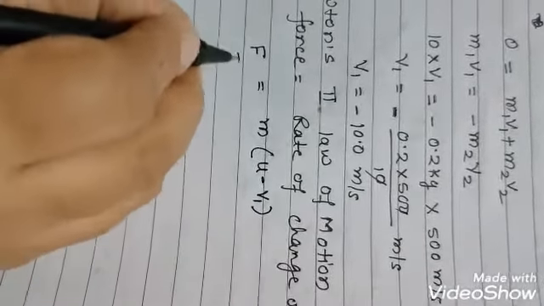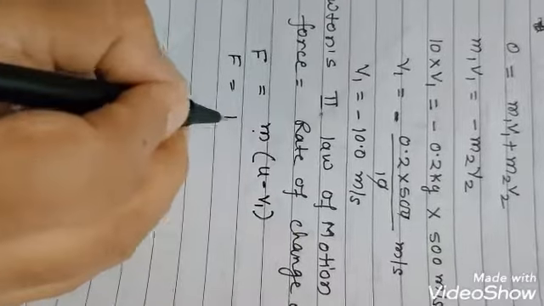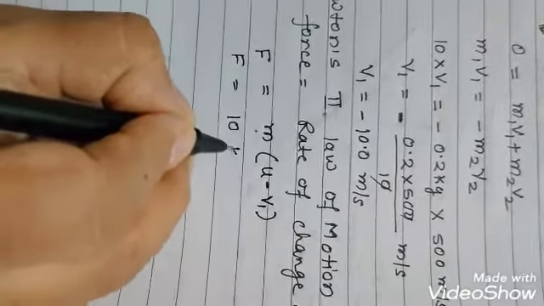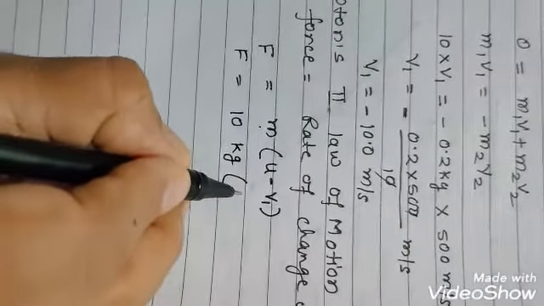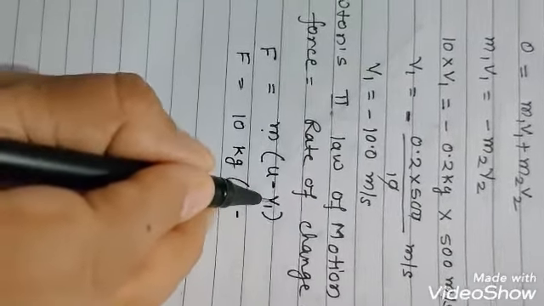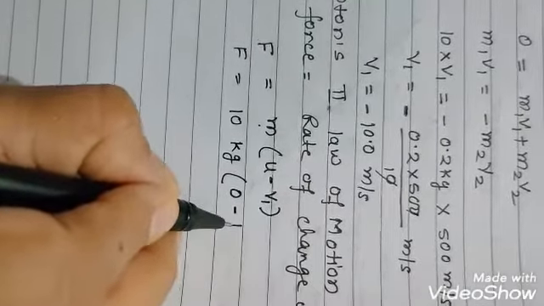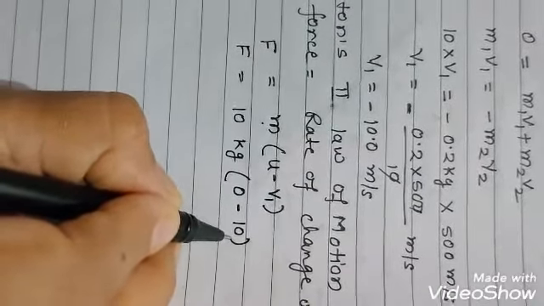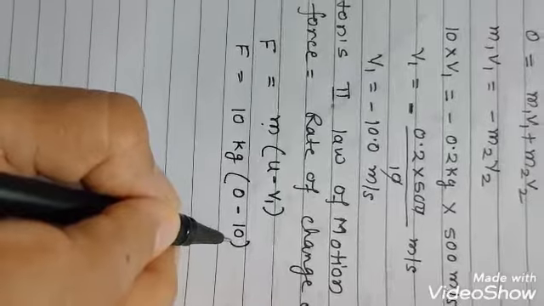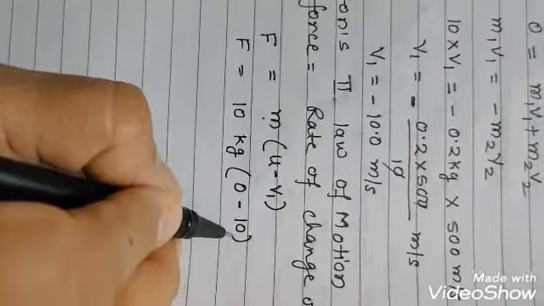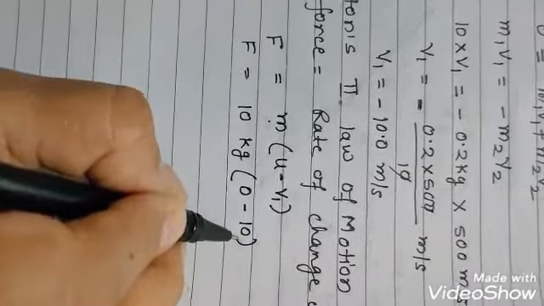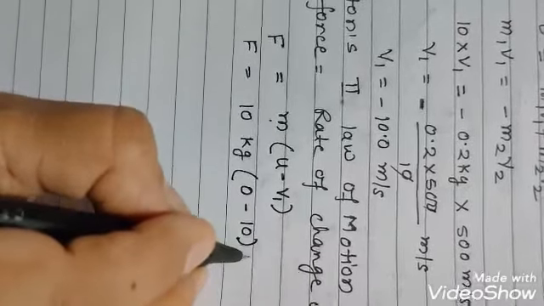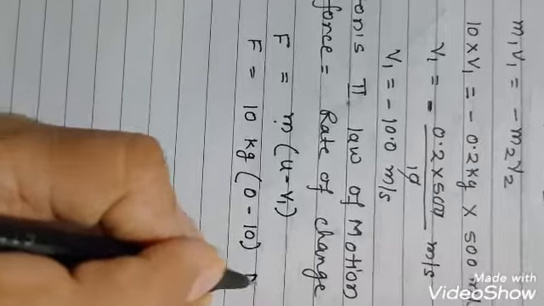F is equal to mass, which is 10 kg, times the change in velocity. The initial velocity u is 0, and the final velocity we just calculated is 10. We are taking only the magnitude here, not the direction, so we are not taking the negative sign.